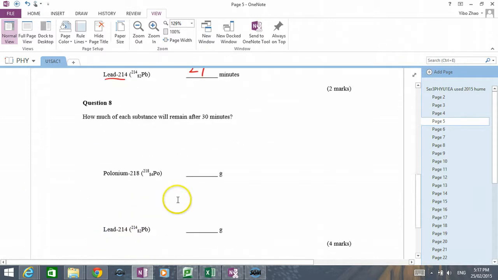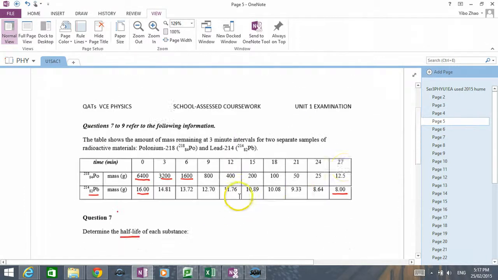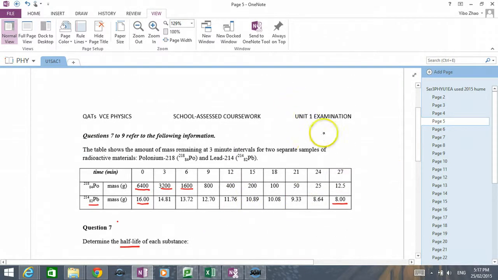Done with question 7. Question 8 asks how much of each substance will remain after 30 minutes. Now let's have a look. Let me draw another column in the table for 30 minutes.